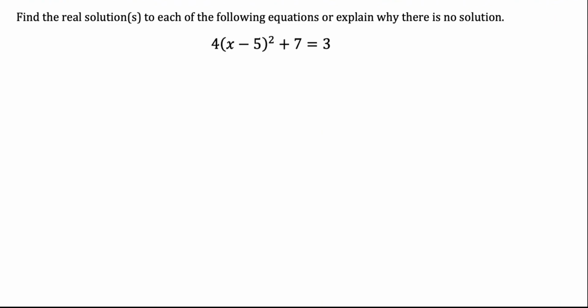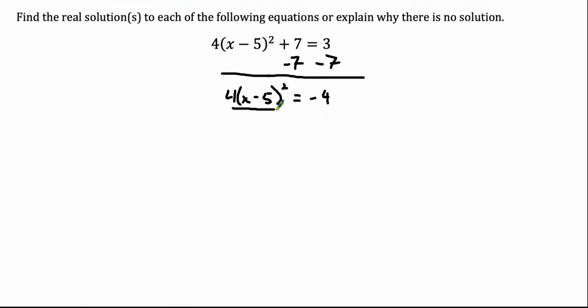On number 11, again, I want to get whatever is being squared by itself first. So I need to get rid of this 7. So I'll subtract the 7 over. So 4 times x minus 5 squared equals negative 4.